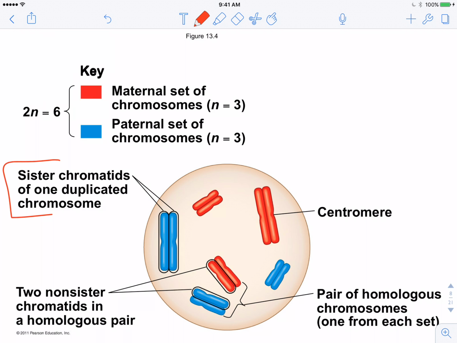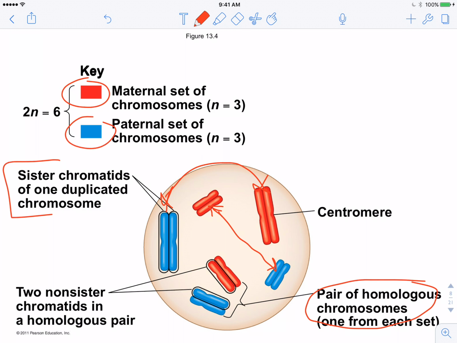Okay, and if we make our pairs here, this chromosome pairs with that chromosome. This chromosome pairs with that chromosome because they're the same length. And these 2 are a pair of homologous chromosomes. And again, if you look, the reds are from your mom, the blues are from the father.